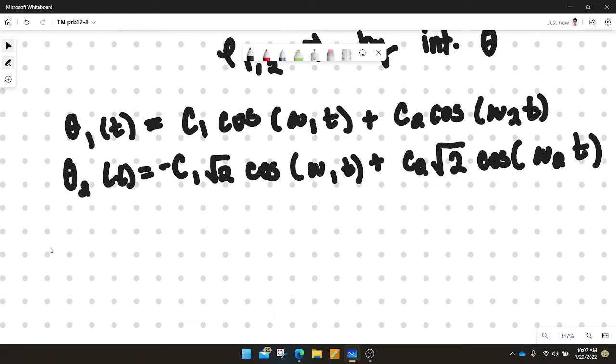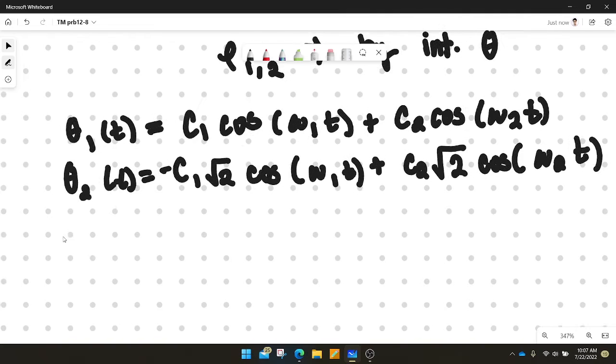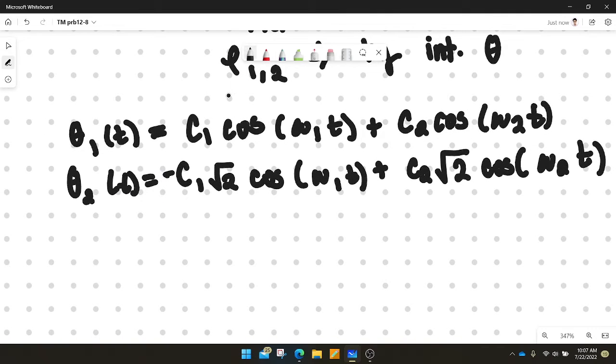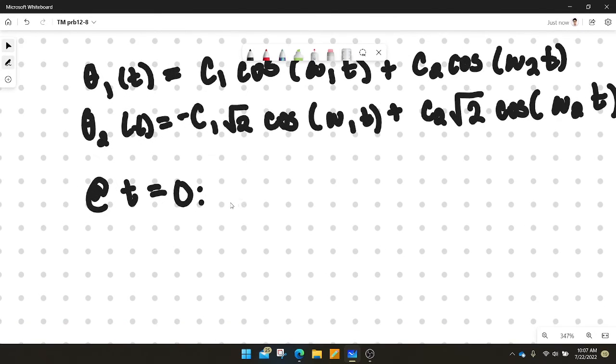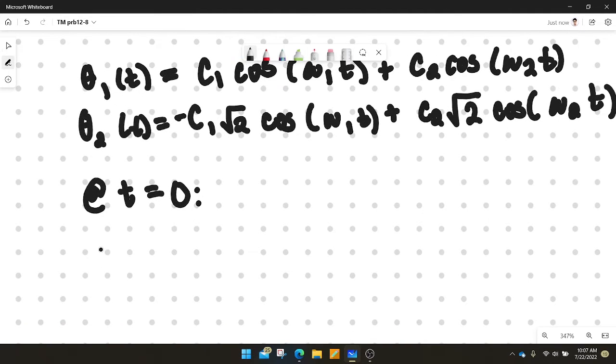We're going to assume that at t equal to 0, our general solution boils down to this.